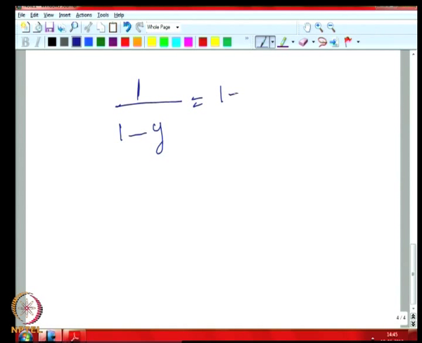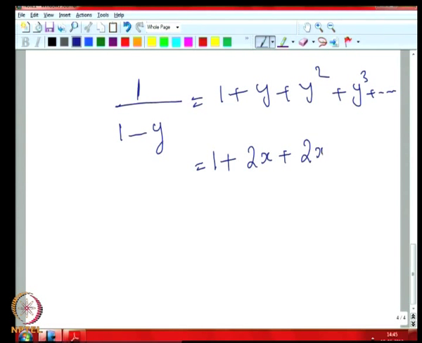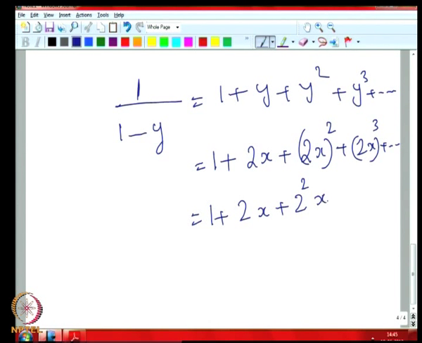So it will be definitely 1 plus y plus y square plus y cube plus and so on, but this y being 2x is equal to 1 plus 2x plus 2x whole square plus 2x whole cube plus so on, right. This is 1 plus 2x plus 2 square into x square plus 2 cube into x cube plus, the general term will be 2 raised to n x raised to n, right. So the coefficient of x raised to n is 2 to the power n.